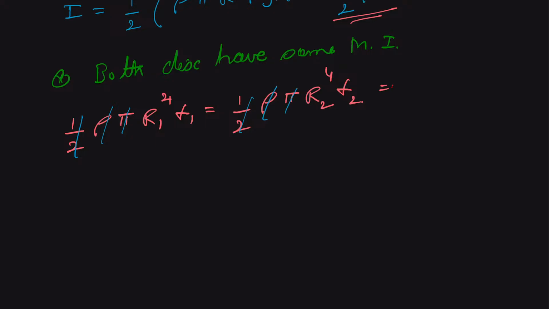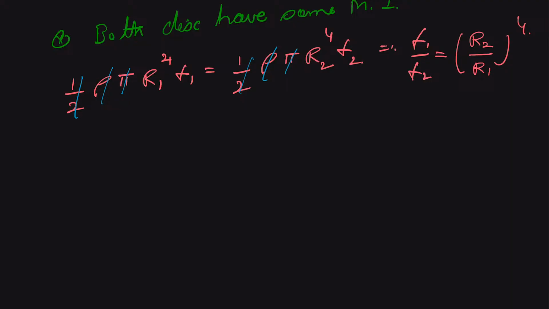From here we get that T1 upon T2 will be equal to R2 upon R1 whole raised to power 4. And we are already given, so we get T1 upon T2 is equal to 2 raised to power 4, which comes as 16. Therefore, the ratio T1 is to T2 is 16 is to 1.